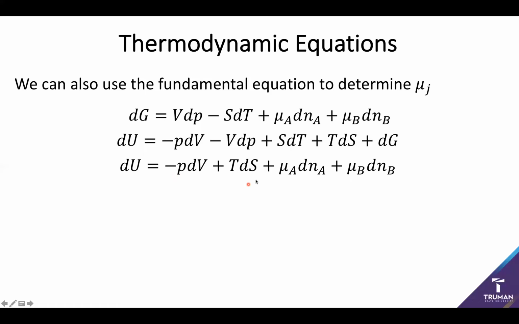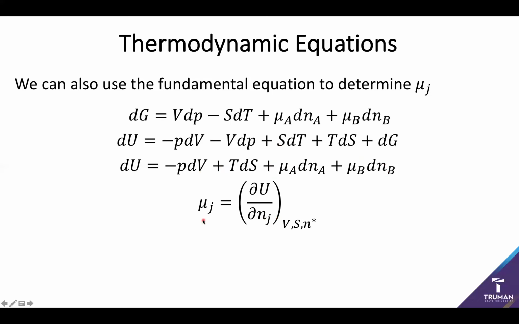So again, this is a familiar metric. This is exactly the fundamental equation for the internal energy. But what ends up tagging along is these expressions of the chemical potential and composition of the system. So what this ends up meaning is, say, if I want to look at the chemical potential of A, what I can do is try and fix my other three variables, the volume, the entropy, and the composition of all other components.